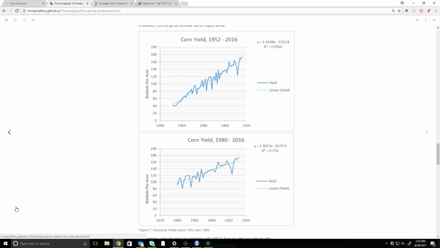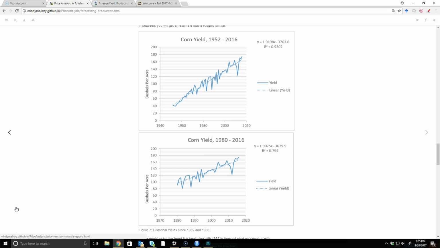So we know we need to throw away that old data before the structural break, but it's not exactly clear when the structural break happened or when we should start including data in our sample to estimate a trend yield. The nice thing is that it turns out that it doesn't matter a whole lot where you break the sample because that trend line has been so consistent over time.